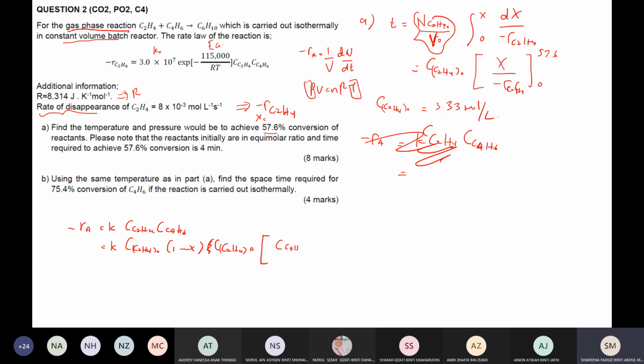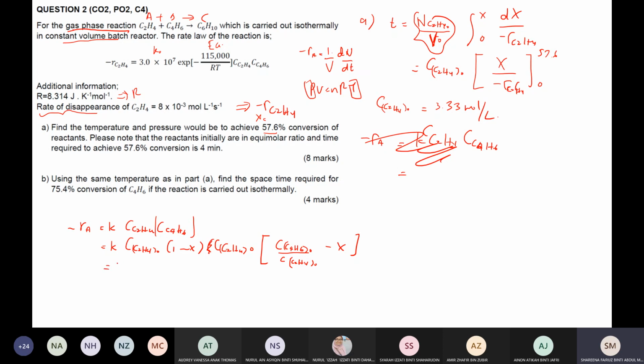C4H6 not, C2H4 minus X. Okay, so daripada sini sebenarnya ini dapat daripada stoichiometry lah, yang dia buatlah table untuk dapatkan C untuk B ni. Okay, so A plus B is equal to C. Dia arrangekan dia balik. Okay, so masukkan balik.